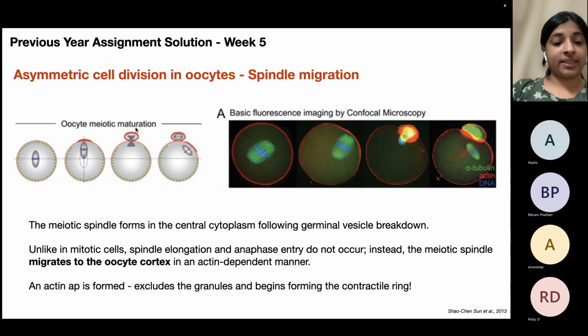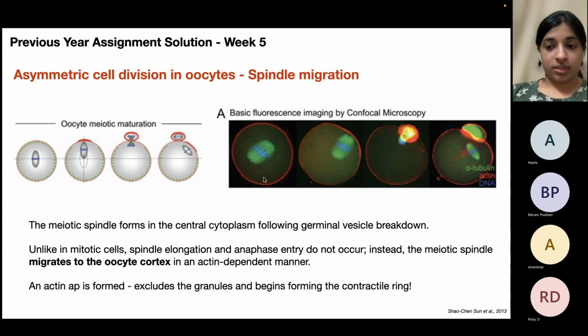And then an actin cap is formed. This actin cap pinches out the cell because it forms a contractile ring and pinches out a small polar body that completely lacks any genetic material. The entire genetic material is retained within the mother cell, and one copy is lost in the small polar body. So this is the actin, the red ring.